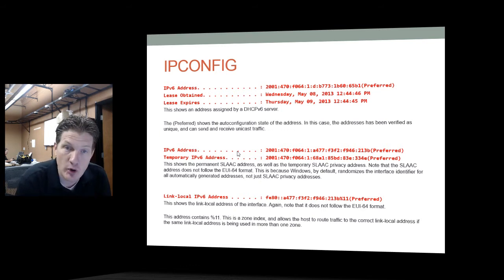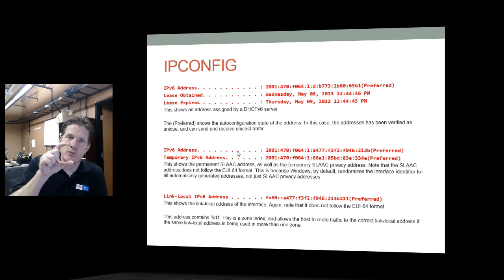The next one is the link local IP version 6 address. This one does not follow EUI-64. It's just a link local address assigned. Notice it contains at the end a %11. This is Windows' method to track a zone. So Windows has routing zones in it for its firewall and stuff.